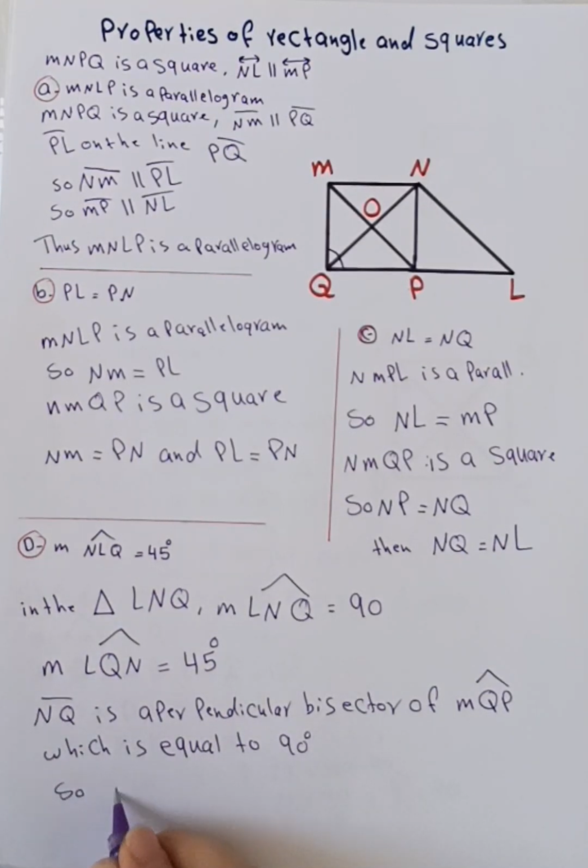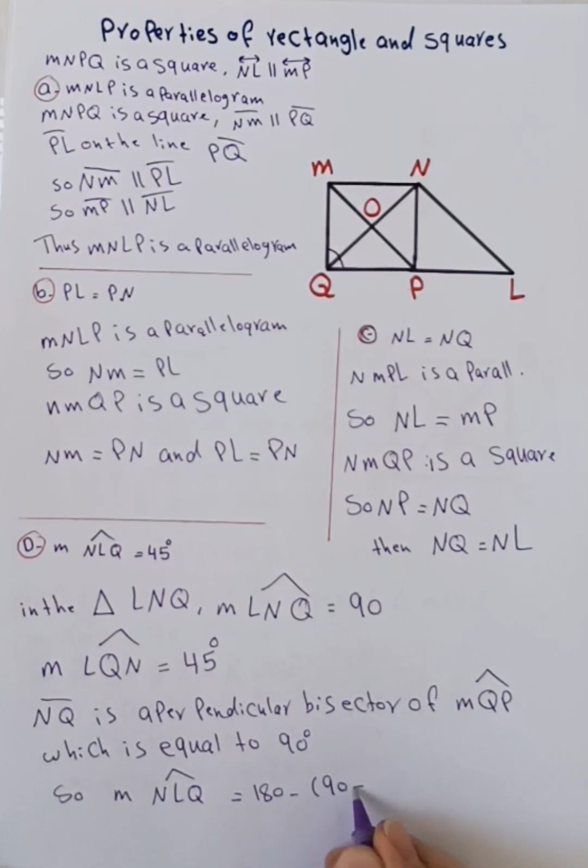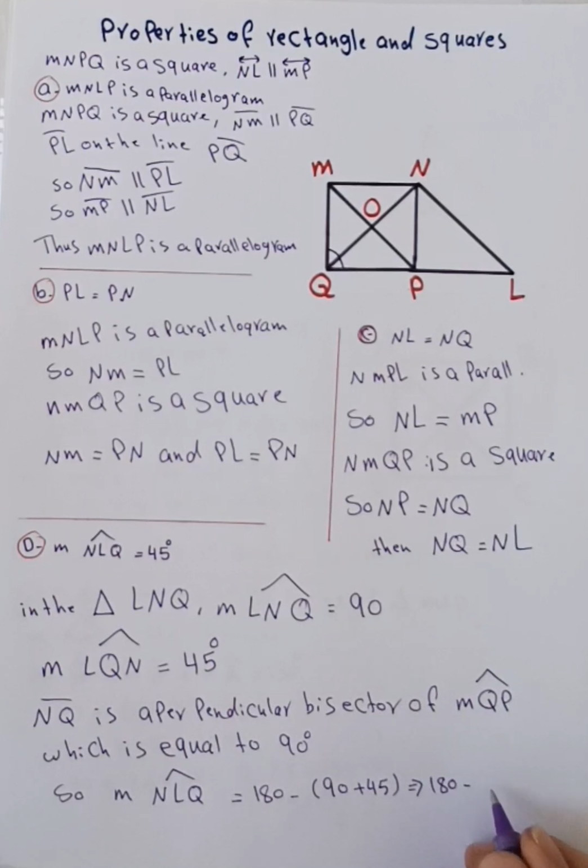So we can say the measure of angle NLQ equals 180 minus 90 plus 45. So 180 minus 135 is 45 degrees.